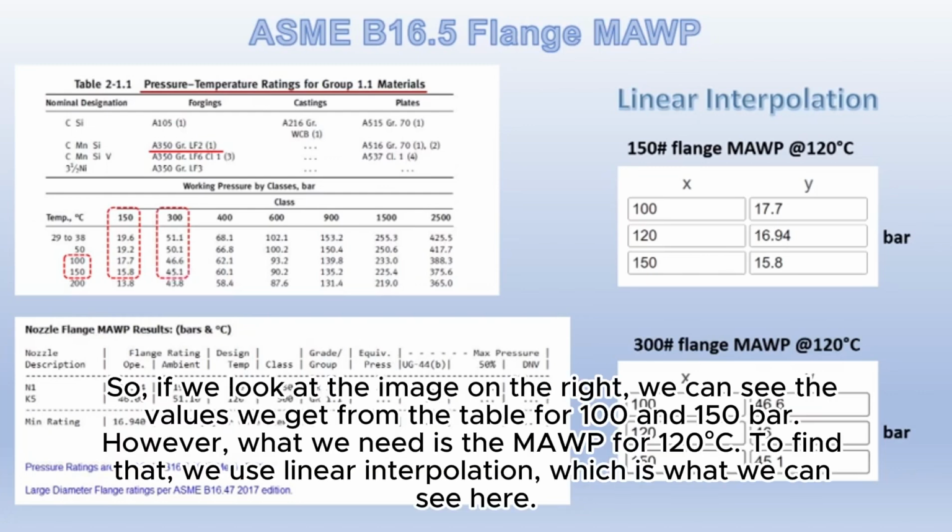If we look at the image on the right, we can see the values we get from the table for 100 and 150 degrees. However, what we need is the MAWP for 120 degrees Celsius. To find that, we use linear interpolation, which is what we can see here.